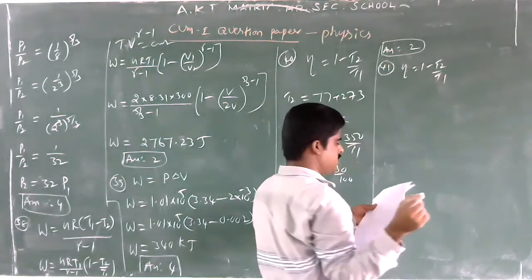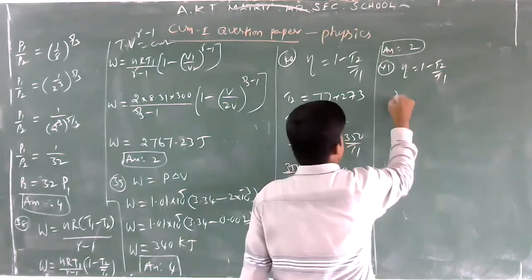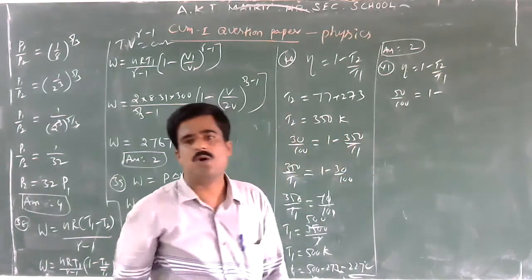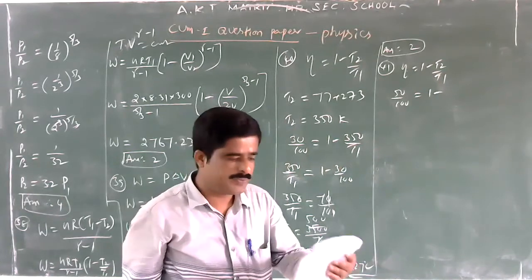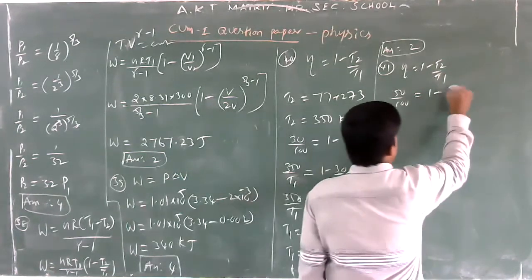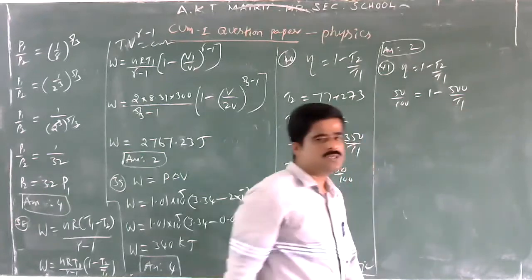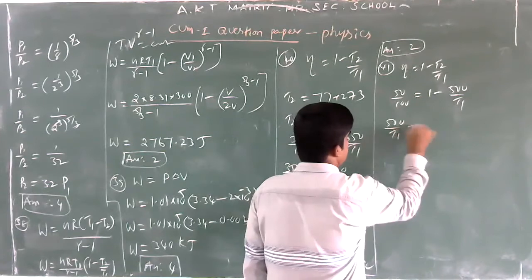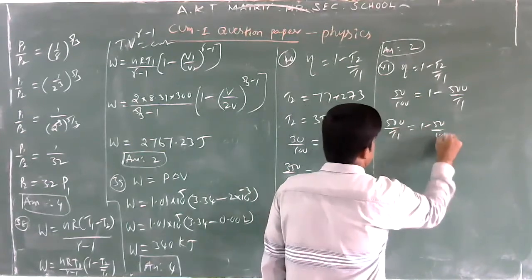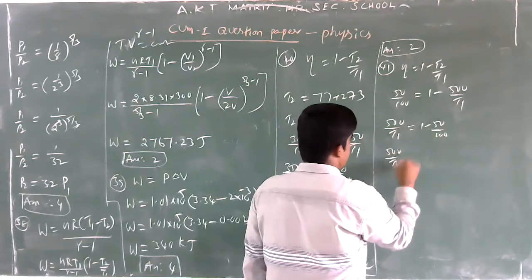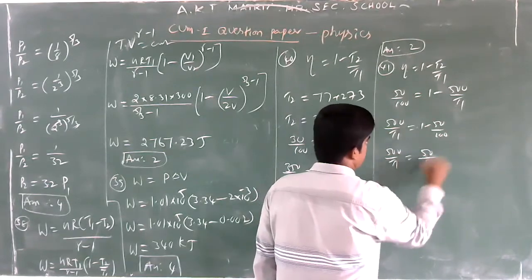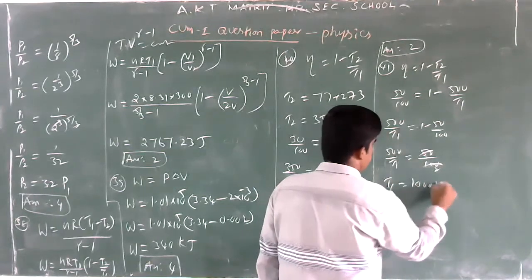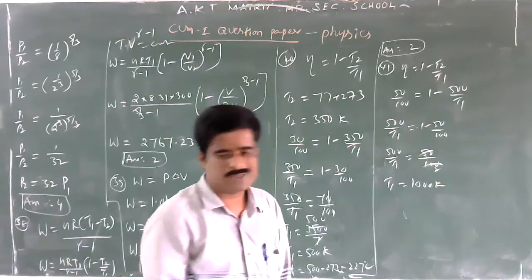Efficiency is 50%, which means 50 by 100, equal to 1 minus T2 by T1, where T2 is the sink temperature, 500 Kelvin. First find the source temperature. So 500 by T1 is equal to 1 minus 50 by 100, which is 100 minus 50, 50 by 100. Then T1 is equal to 1000 Kelvin. That is the temperature of the source, 1000 Kelvin.